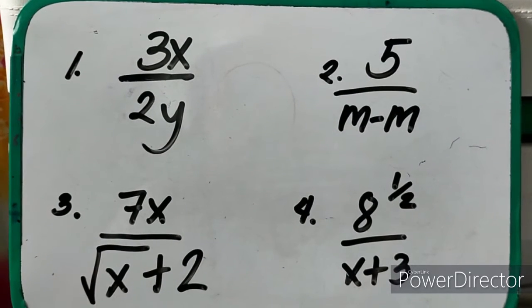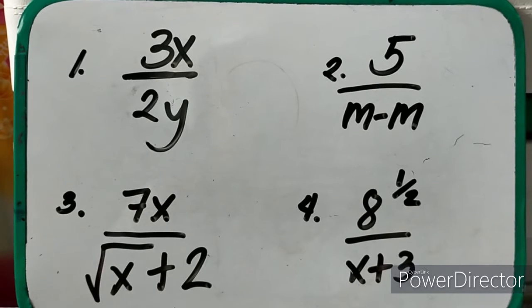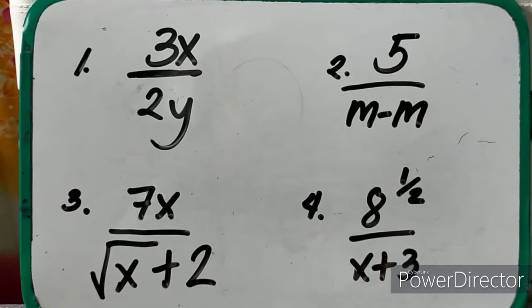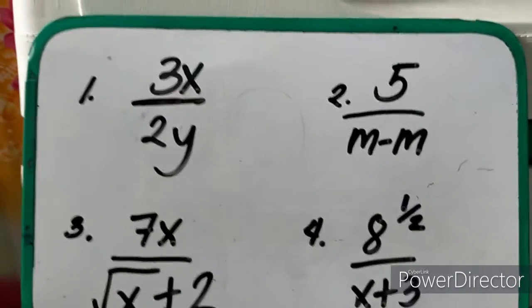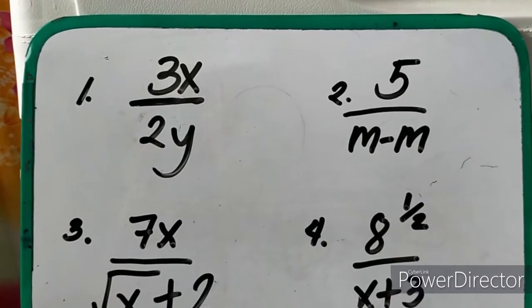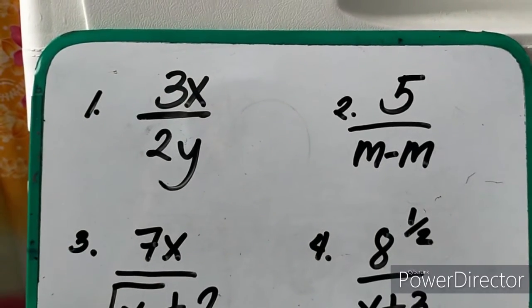Let's start with number 1. Given 3x over 2y. Is it RAE or not? So balikan natin yung checklist. Sabi doon, kailangan naka-fraction. Naka-fraction naman. Second, meron daw variable, may constant, or polynomials.